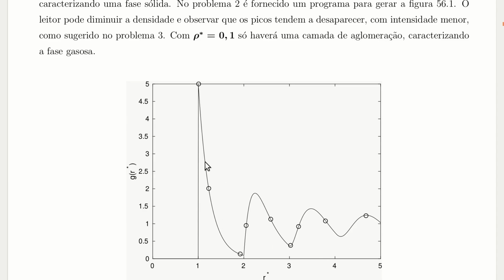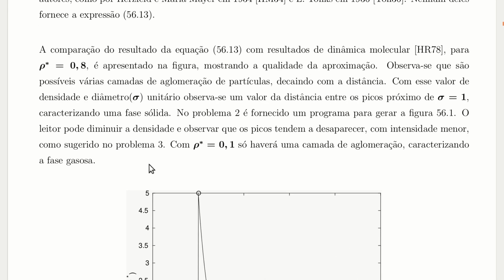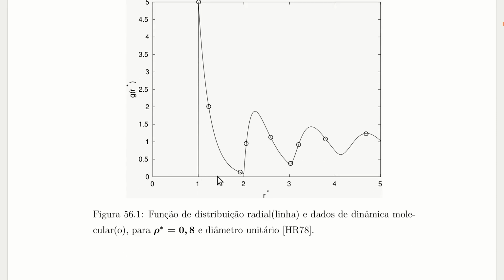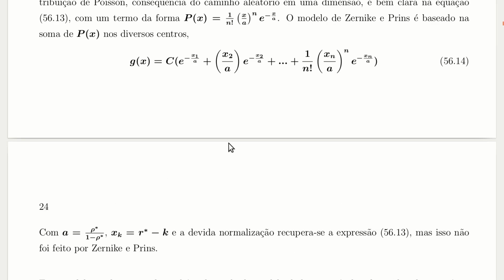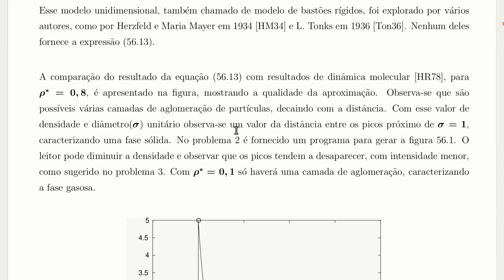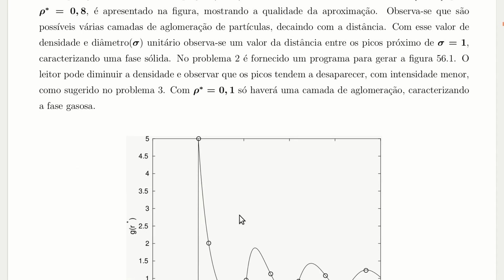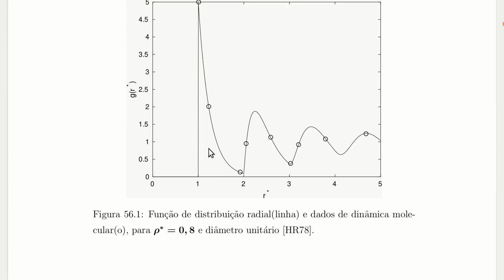And for density equals 0.8, the spacing is about the same as the diameter, characterizing the solid phase. But you have to run this code for density equals 0.1, to see that only one maximum, only one peak, appears in the radial distribution function, characterizing the gas phase.